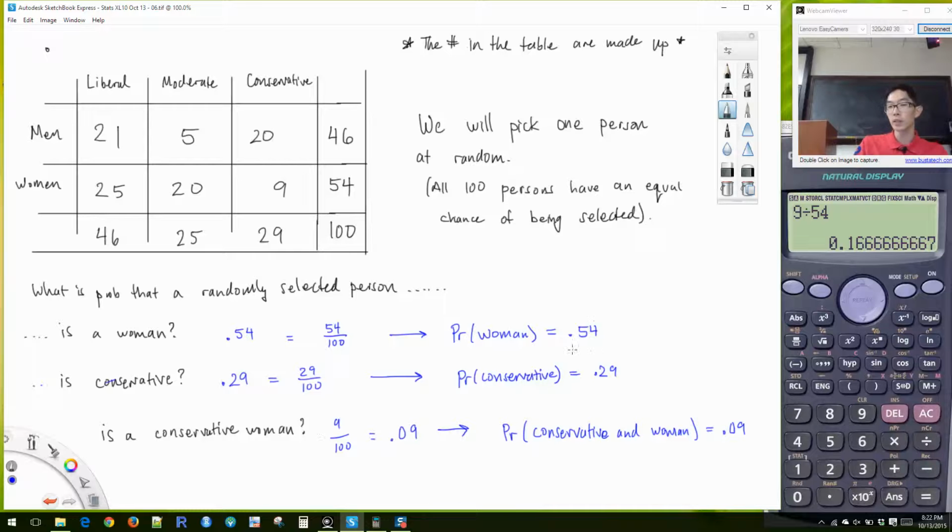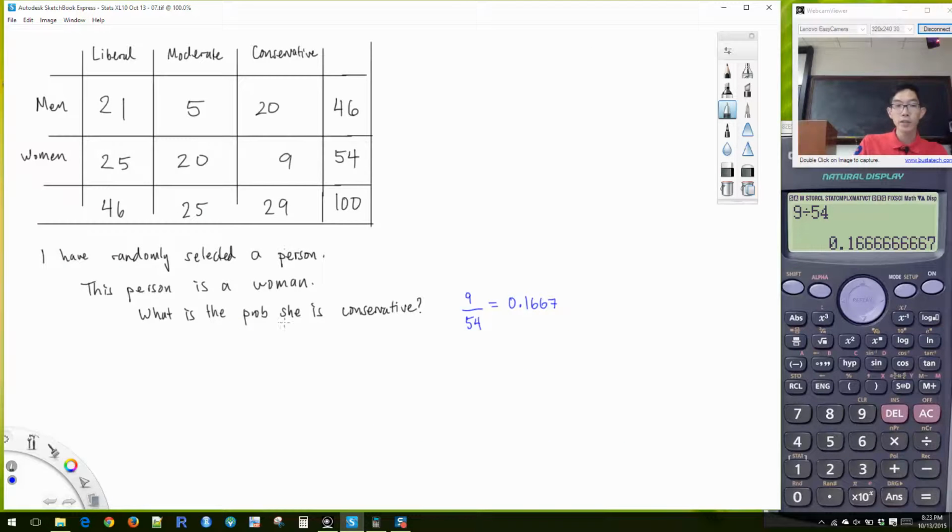Did we get the symbolic or equation form down? Over here, we know that the person we've selected is a woman, and we want to know what's the probability she is conservative. So in statistics, we write this using the term given. I'm sorry, I have this wrong. What is the probability of conservative given, meaning we know that this person is a woman.